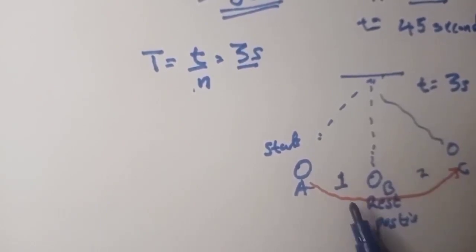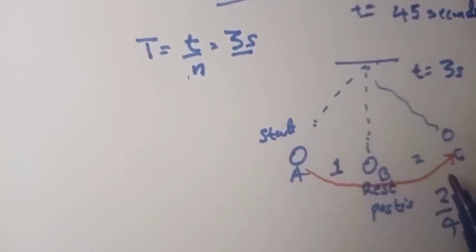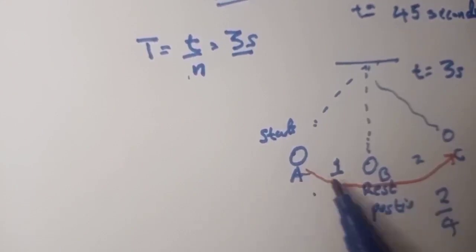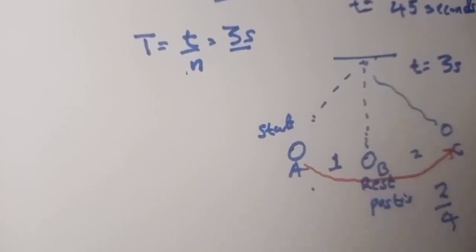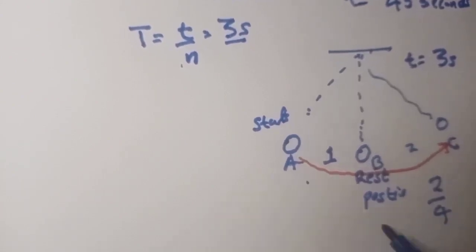The total number of swings from A to B to C and back to B and back to A is 4: 1, 2, 3, 4. Here it has only swung from A up to C, so it is 2 over 4. So our n is 2 over 4.